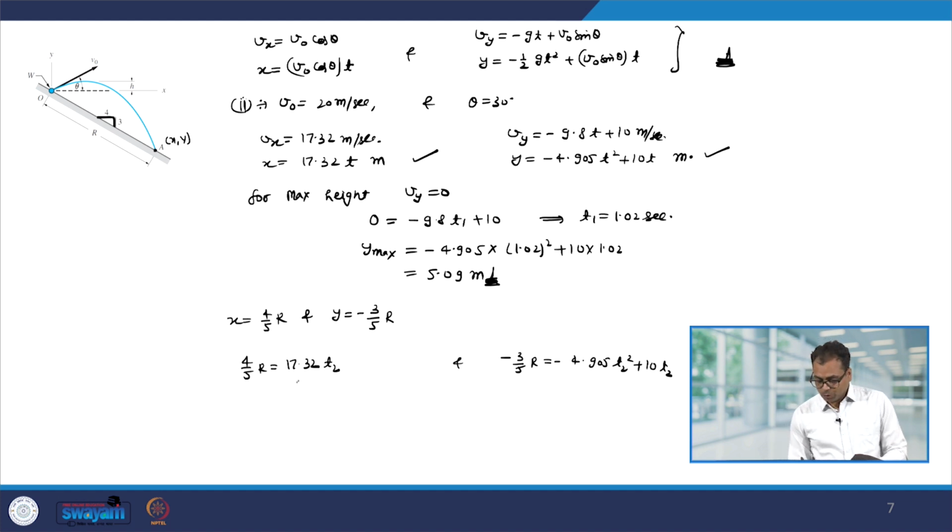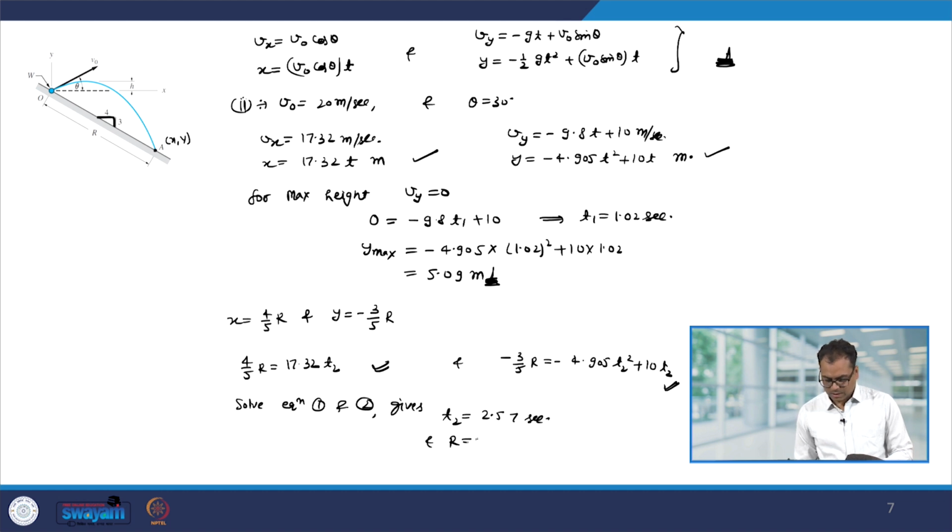These are two equations and there are two unknowns, r and T2. So, you can solve equation number 1 and 2, and this gives you T2 equal to 2.57 second and r equal to 55.6 meter.